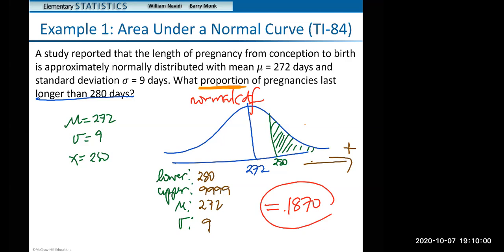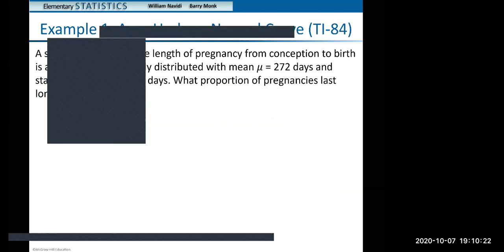Oh, okay, yeah. All right, did you all get the same answer? You should get 0.1870. Okay, very good.